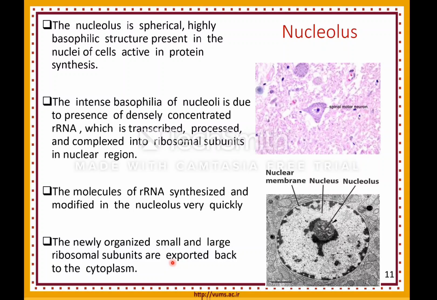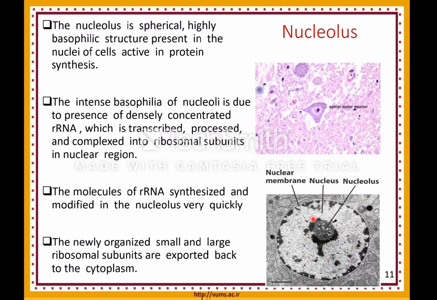If you remember, in the last part I explained that the proteins that are necessary for the organization of the ribosomal subunits and the RNA synthesis are synthesized in the cytoplasm. They come to the nucleolus, are involved in the synthesis of the RNA and ribosome subunits, and finally these products transfer again to the cytoplasm.